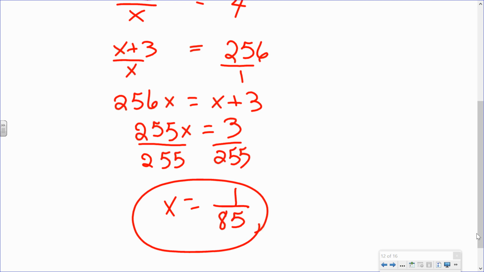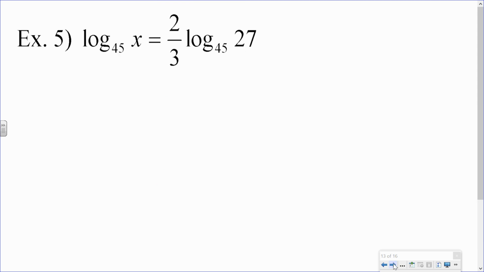And let's see. One more here. I've got log 45 and I've got log 45, but it isn't log 45 equals log 45. That 2/3 is in the way. What do I do to get that 2/3 out of the way?